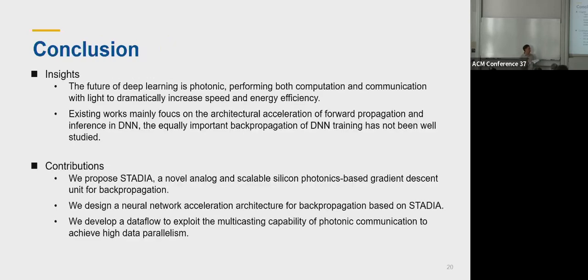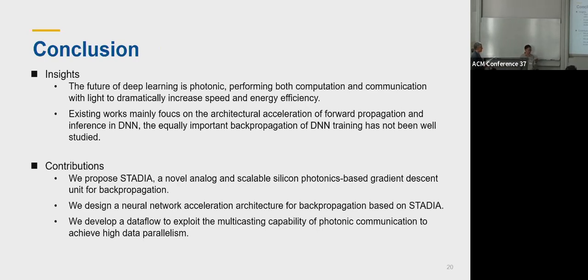Let's conclude our work. Optical computing has the advantage of high bandwidth and energy efficiency in DNN acceleration. While the existing work on optical neurons mainly focuses on DNN inference and forward propagation, the equally important backward propagation of DNN training has not been well studied.